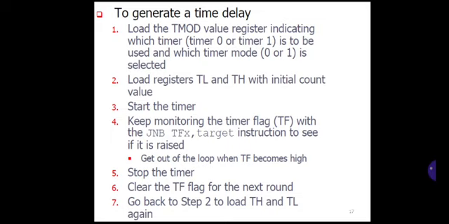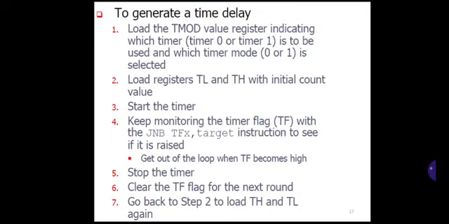How to stop the timer? By using the clear instruction CLR TR0 or CLR TR1 for timer 0 and timer 1 respectively. So use the CLR instruction. Next step, clear the timer flag for the next round.